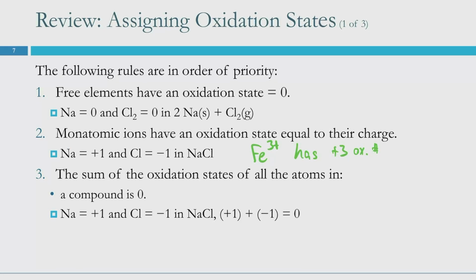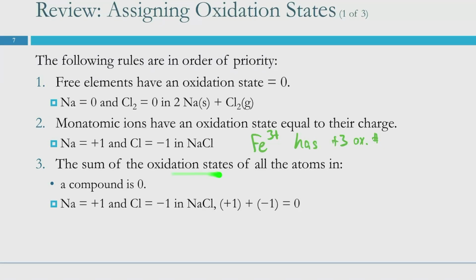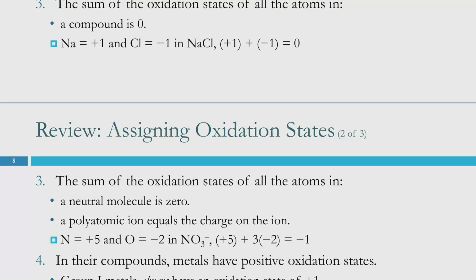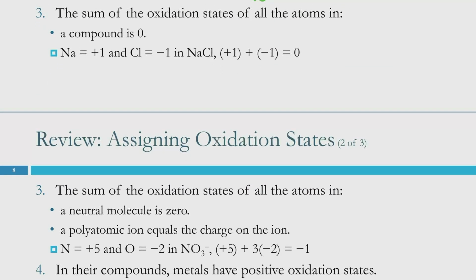In a compound, the sum of the oxidation states is 0. In a neutral molecule, it's also 0. And in a polyatomic ion, it equals the charge of the ion. The overall oxidation states have to add up to the charge of whatever the chemical is. I think that's a better overall summary. For compounds, it's 0. For neutral molecules, it's 0.